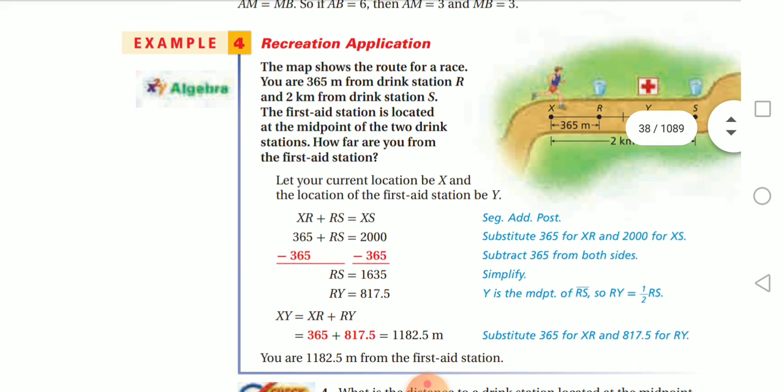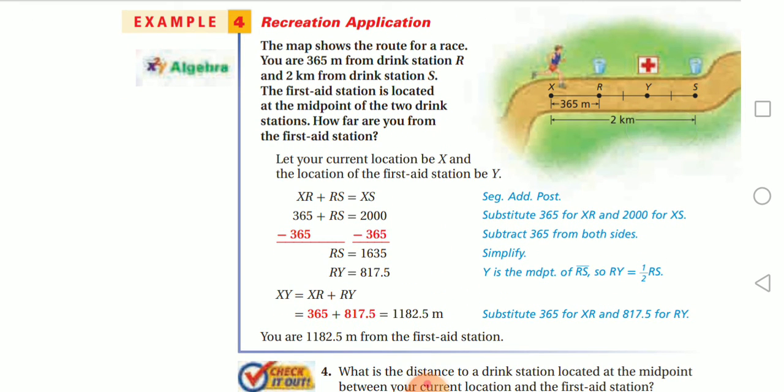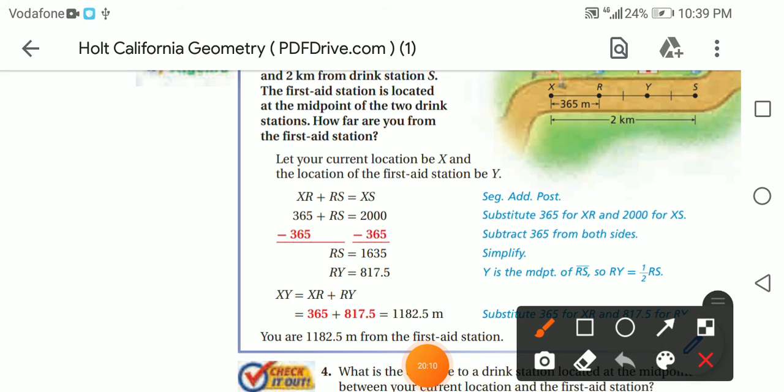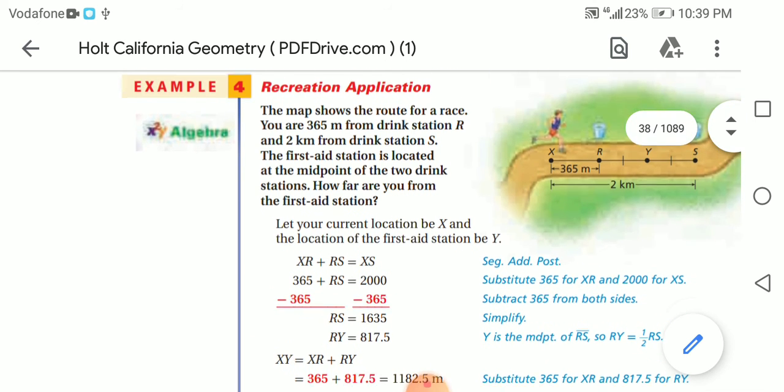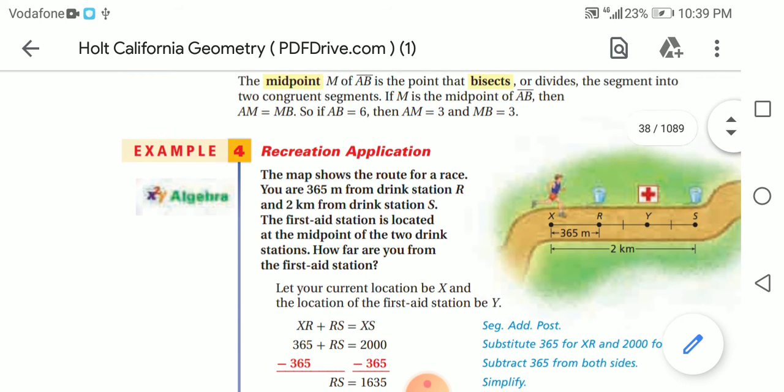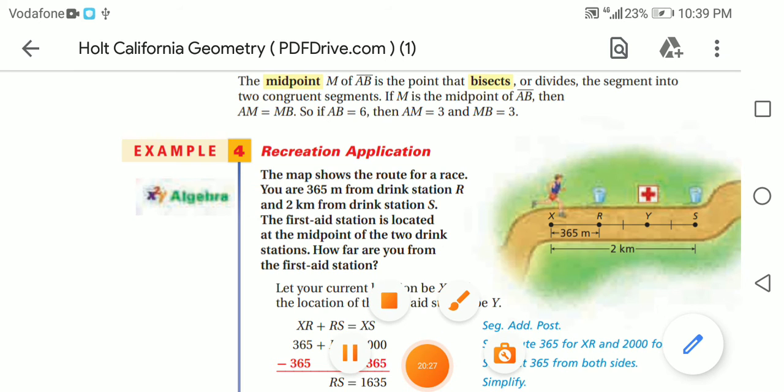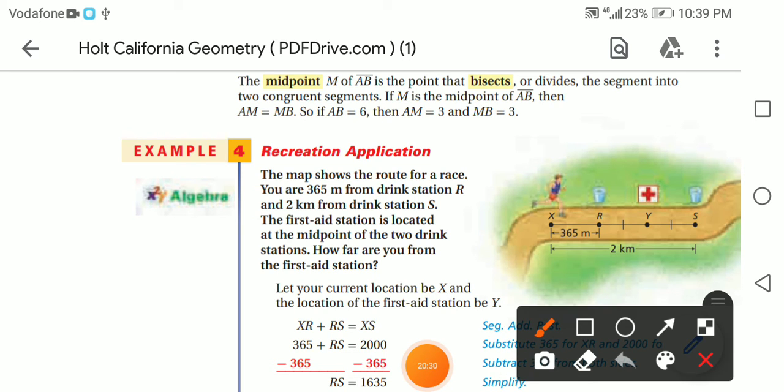As you see, I have this map, and let your current location be X. The location of the first aid station, let it be Y. We draw this to make it easier, to help me solve the problem.